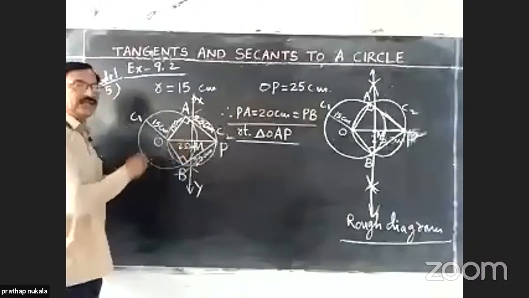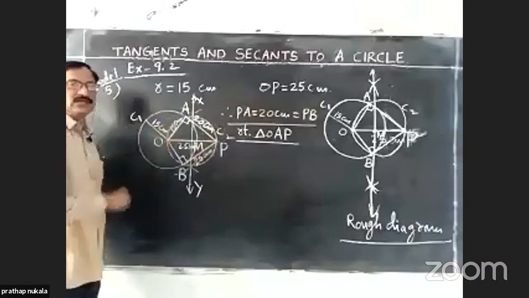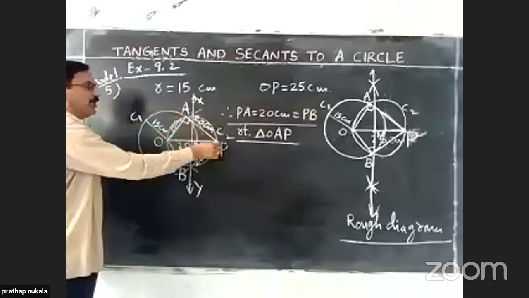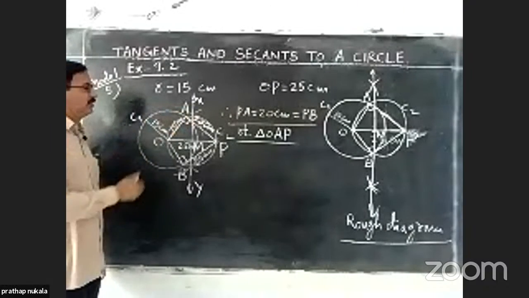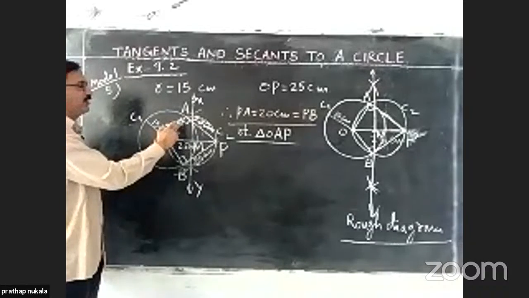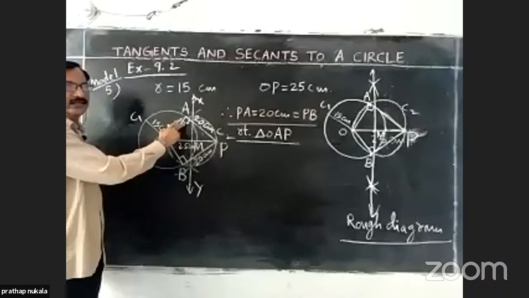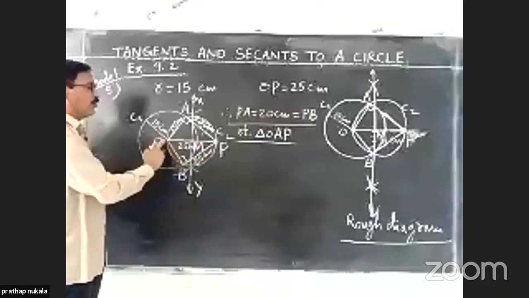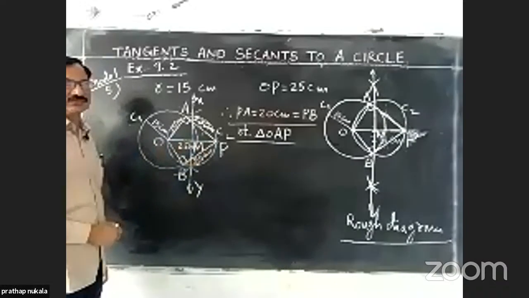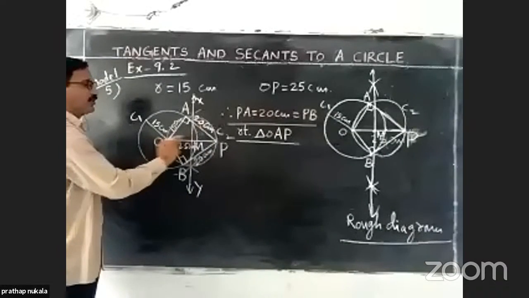What is the hypotenuse here? OP. In right triangle OAP, 90 degrees is at A. These two are the sides having the right angle. The other side, OP, will be the hypotenuse.